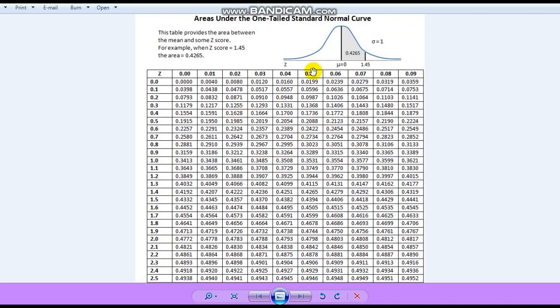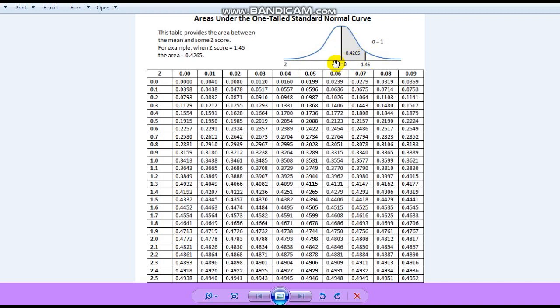Now, how do we use this table of areas under the normal curve? The table makes use of the area in between 0 and a particular z-score. So the areas listed here are the areas between 0 and the z-score. It follows this diagram from 0 up to this z-score.